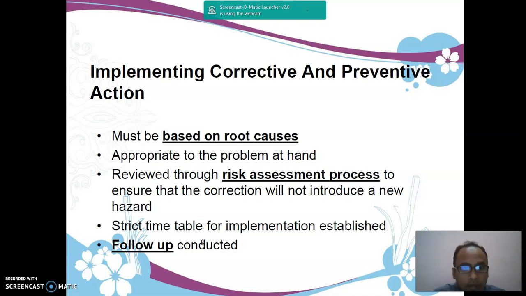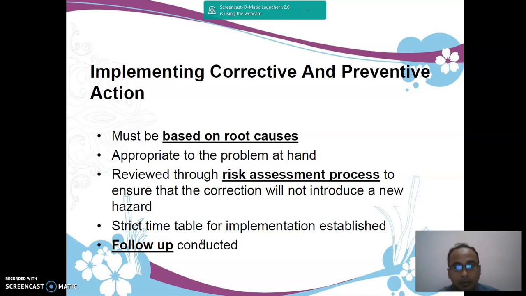And it must also be appropriate to the problem at hand. And then the preventive and corrective action must be reviewed through a risk assessment process to ensure that the correction will not introduce a new hazard. This is very important. If you are trying to give the solution, make sure that the solution will not produce any new hazard.